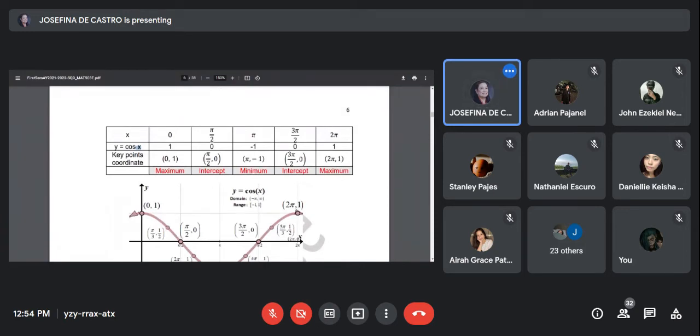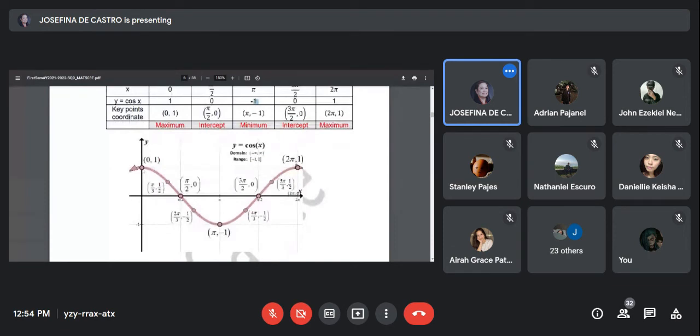Cosine 180, negative 1. So, ang iyong pattern for the cosine, ito siya. Ito yung mga key points, coordinates natin: 0, 1; pi over 2, 0; pi, negative 1; 3 pi over 2, 0; 2 pi, 1. Ito po yun.